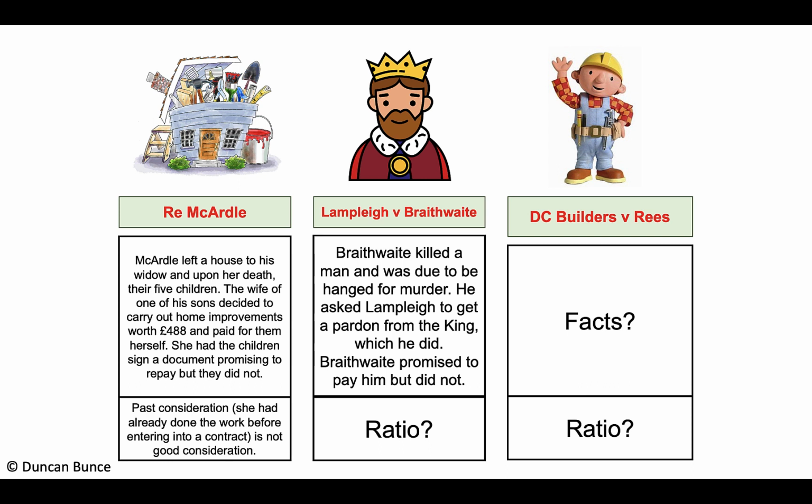I'm not sure exactly, but certainly pardons which could be paid for, sought from the king, they were by no means cheap. And what the courts said here when they decided it was, a promise for future payment is good consideration. So we're looking at problem scenarios where one party does something, perhaps something quite significant for the other, and we could say perhaps it's implied, it's not expressly said, but it's implied that that party's going to expect some kind of consideration in return, be it money, whatever it may be.